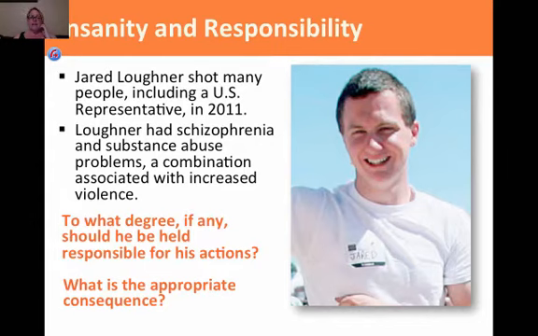Insanity is actually more of a legal definition, and it involves not just knowing the difference between right and wrong, but even understanding that there is such a thing as right and wrong. Insanity and responsibility is an interesting conversation that we're going to be having in class.